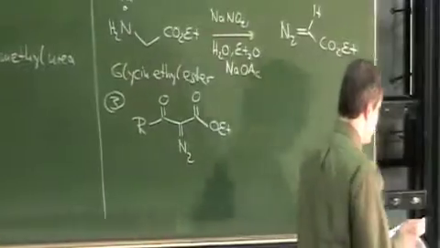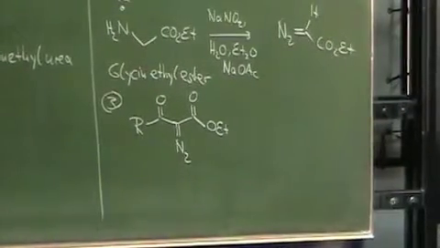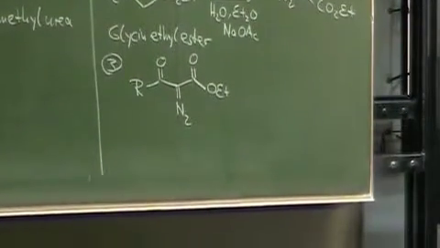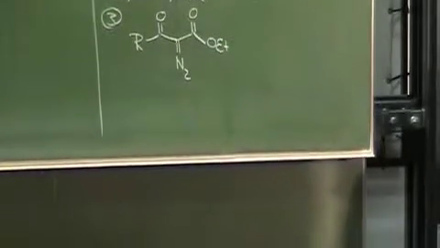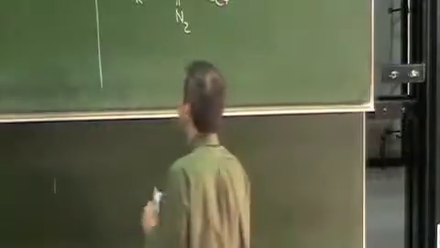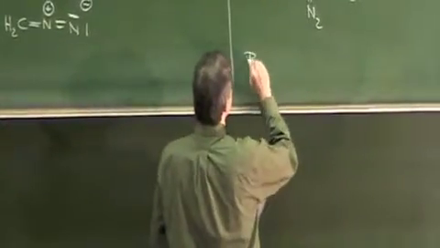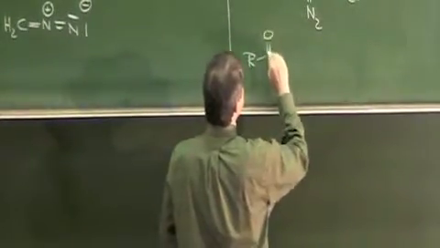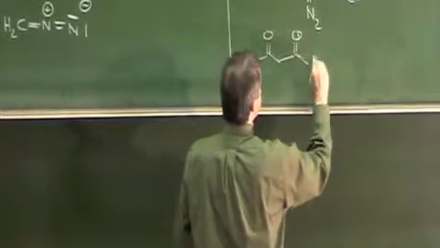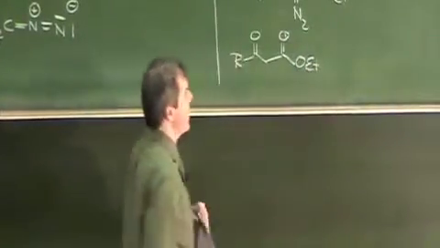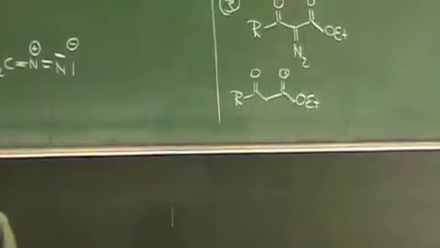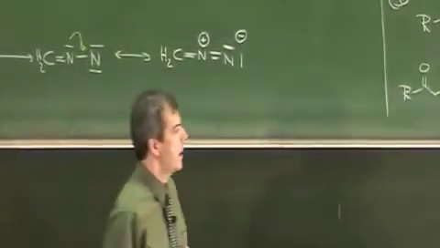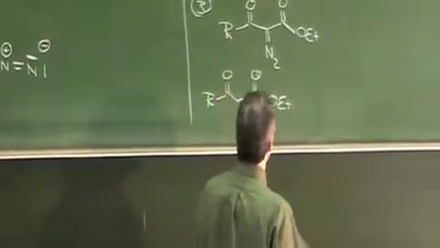There's also a very simple way to prepare these. You prepare these from the beta ketoester, which you know you can make by Claisen ester condensations or other ways.